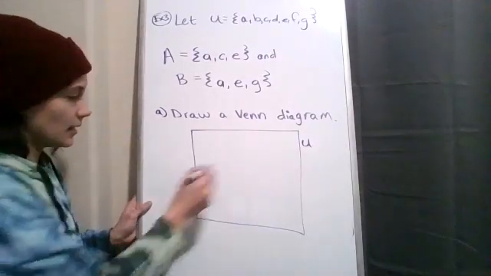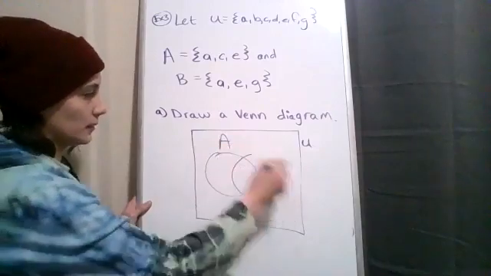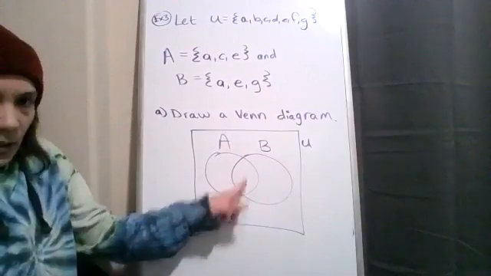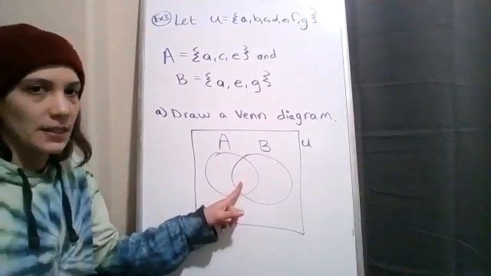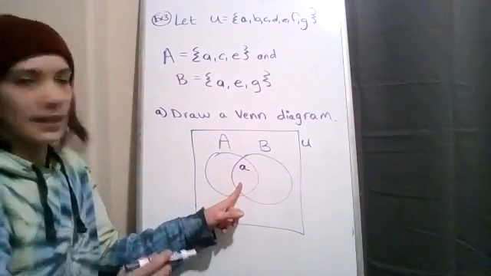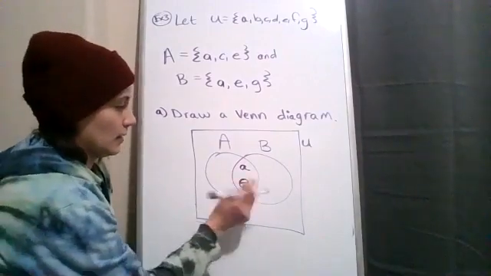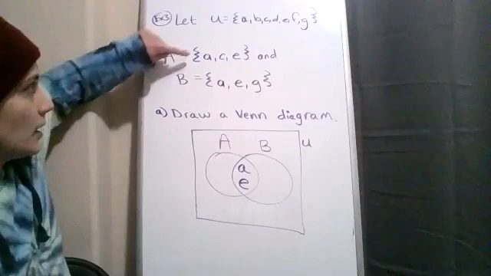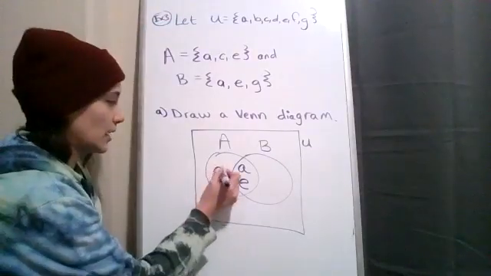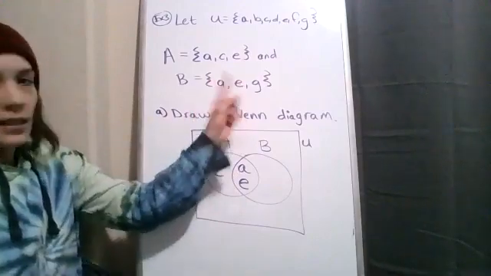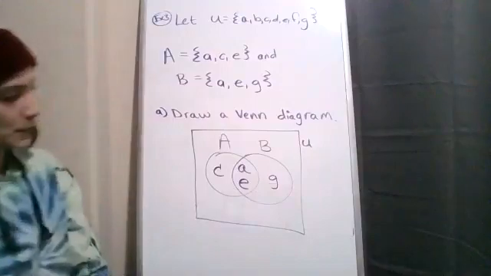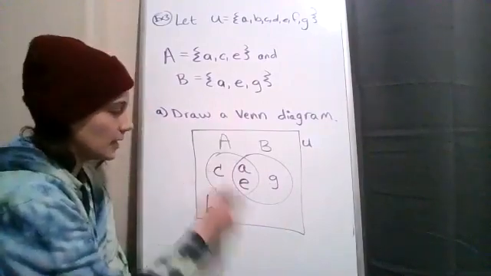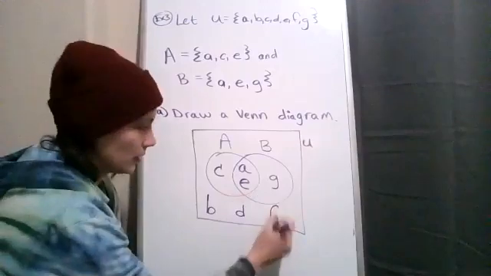Then subsets A and B. And then I start with the intersection, the overlap part, where you have common elements like A and E. All right, then we finish set A. We need A, C, E with C outside of set B. A, E, G. G is not in set A. Then don't forget the other letters in the universe. So A, B, C, D, E, F, G.